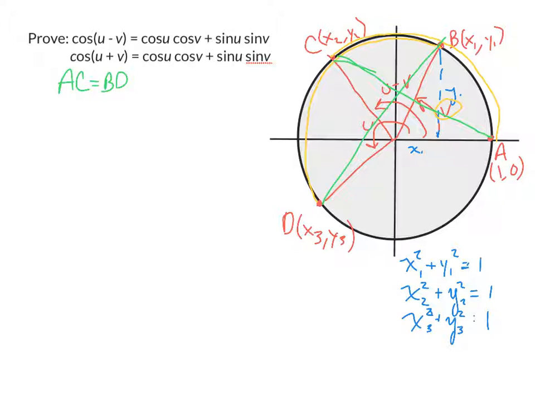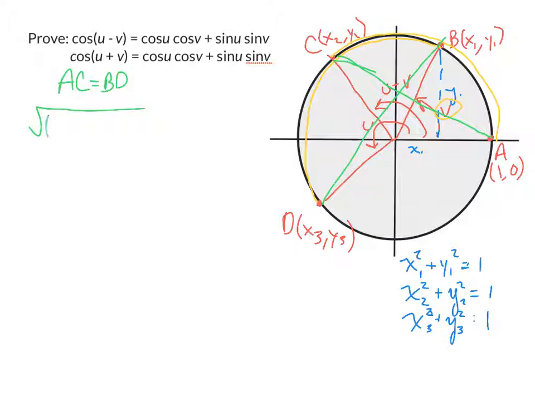So using that to our advantage, we can use the distance formula to create the actual lengths for AC and BD. So for the distance from A to C, we do the big square root for the distance formula.